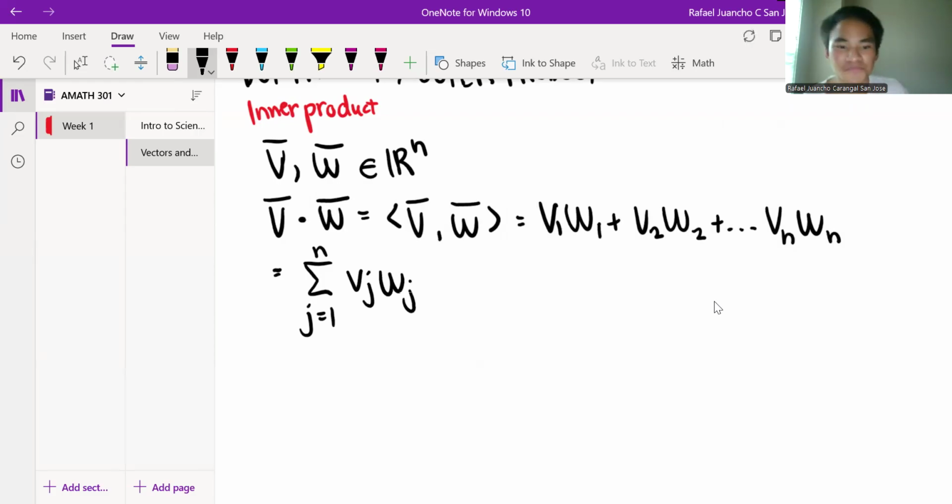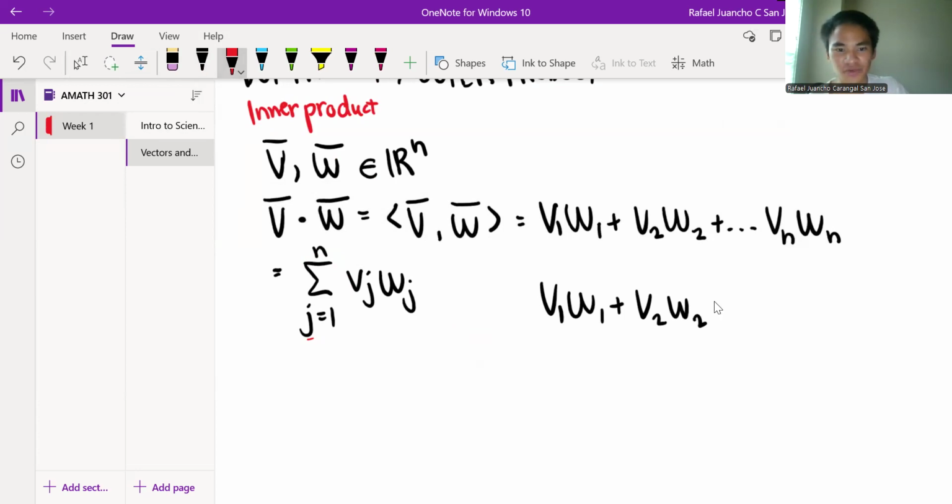Now, what does this mean? Here we start at J equals 1, so V1, W1. We call this summation, so we are going to continue incrementing J by 1. Our first term is V1, W1. Then we add, and now J is 2, so we have V2, W2.